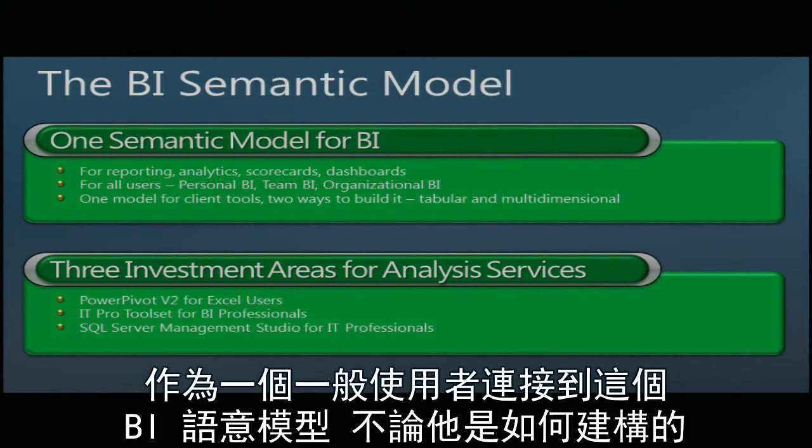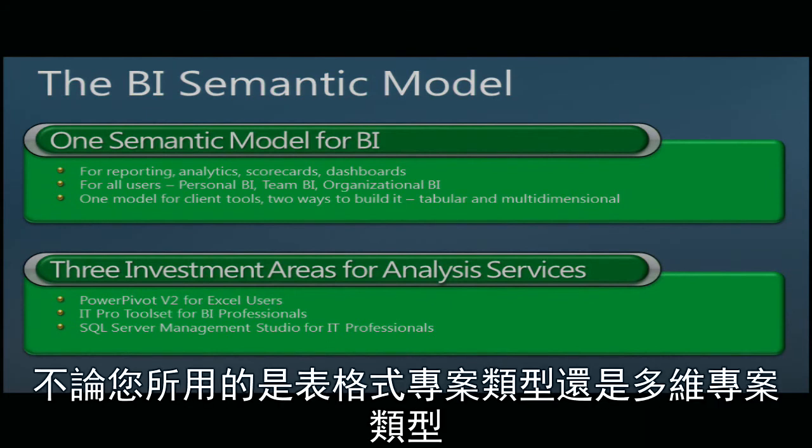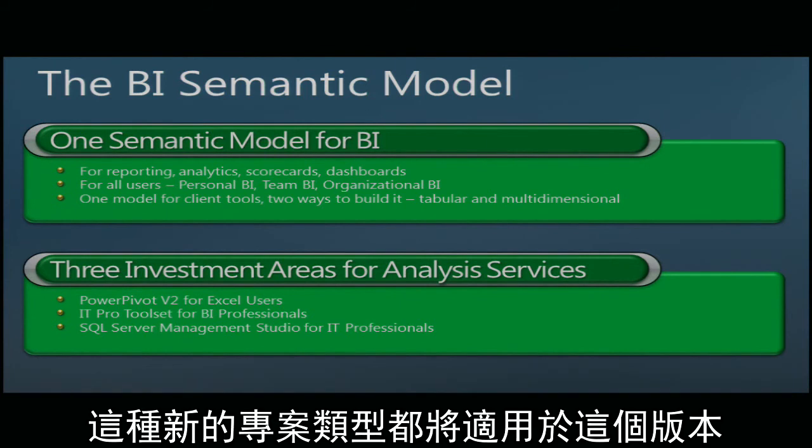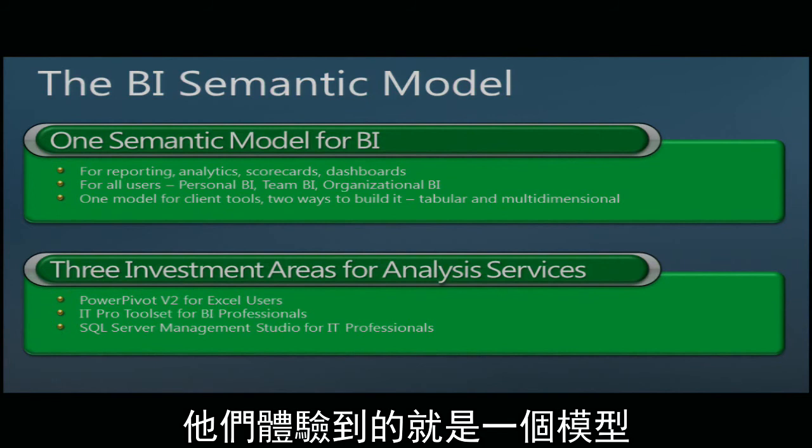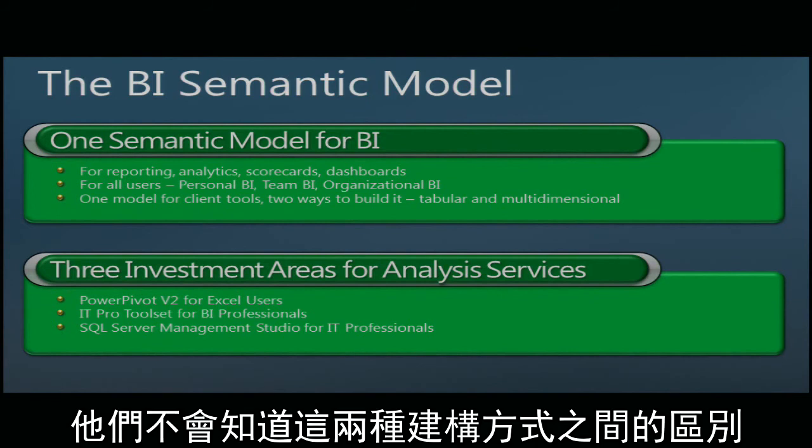No matter how it's built, whether you have a tabular project type or a multidimensional project type, the tabular type being the new project type that will be available with this release, the experience that the end user has in interacting with this model will be as one model. They won't really know the difference between the two ways it's built.